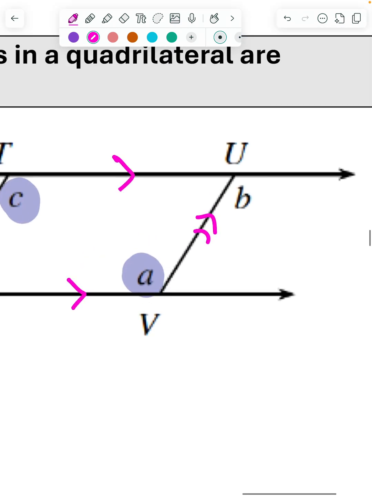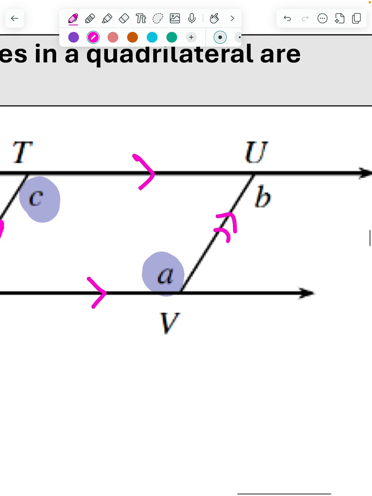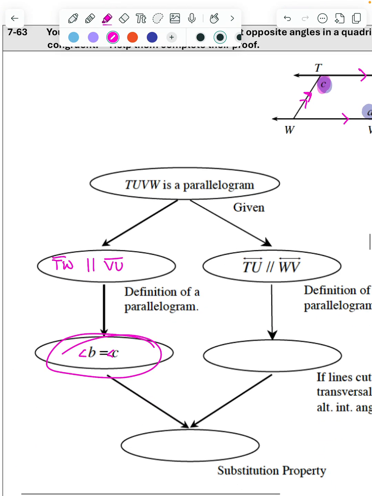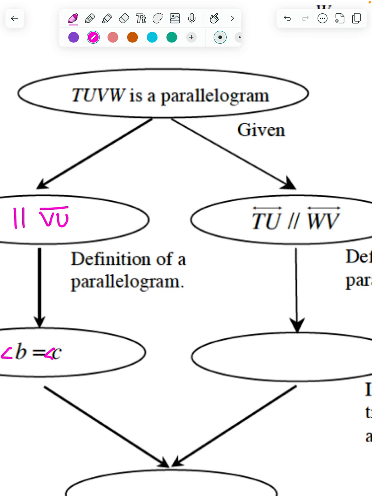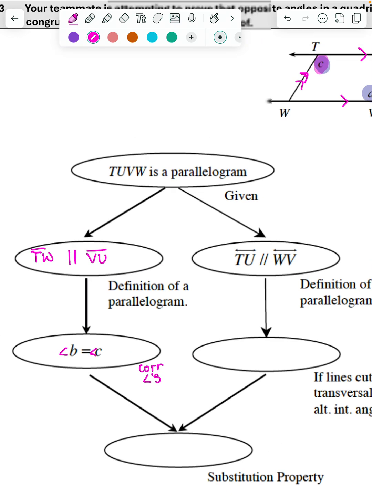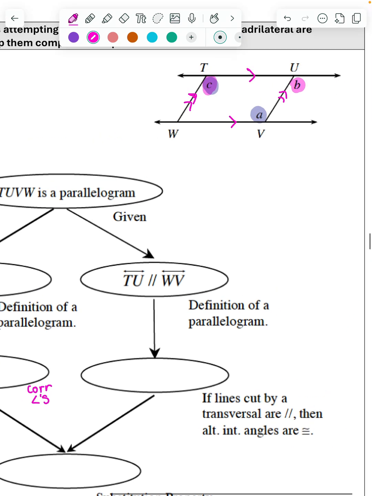Why is that? Well, let's look at B and C. B and C are in corresponding locations. These are corresponding angles. So the reasoning for this, that we could say angle B and angle C are congruent, is because they are corresponding angles.